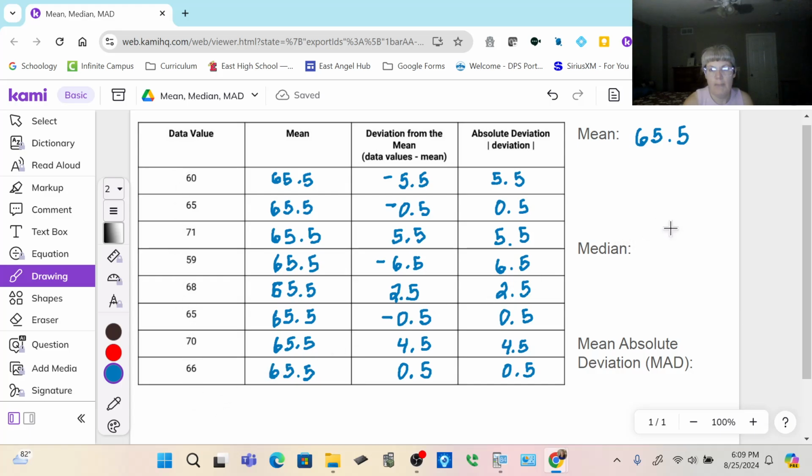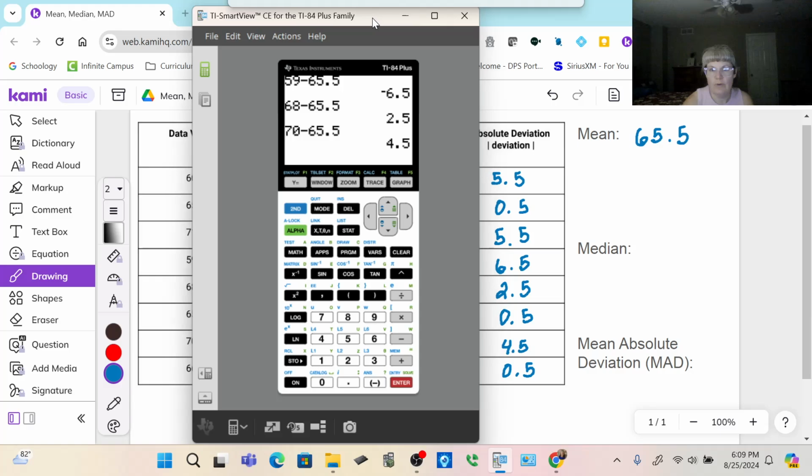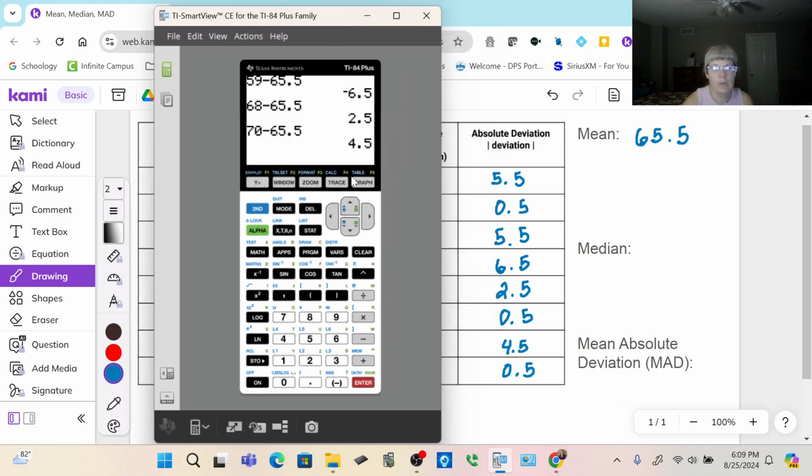Now for the mean absolute deviation, we're going to find the mean of this last column. So I'm going to take my calculator again. I'm going to slide it over so I can see those numbers. I'm going to clear my calculator, so I'm going to add 5.5 to 0.5 to another 5.5, 6.5. Oops, I'm not adding any of these.